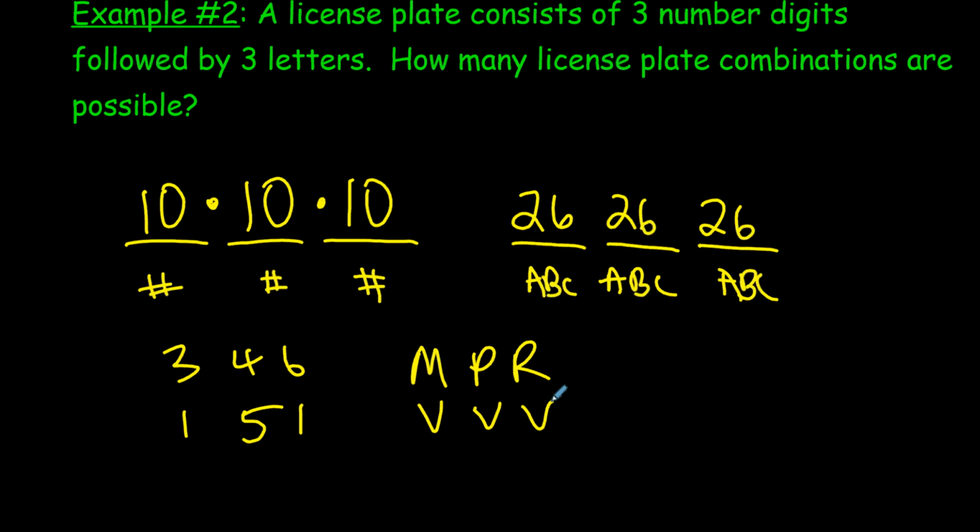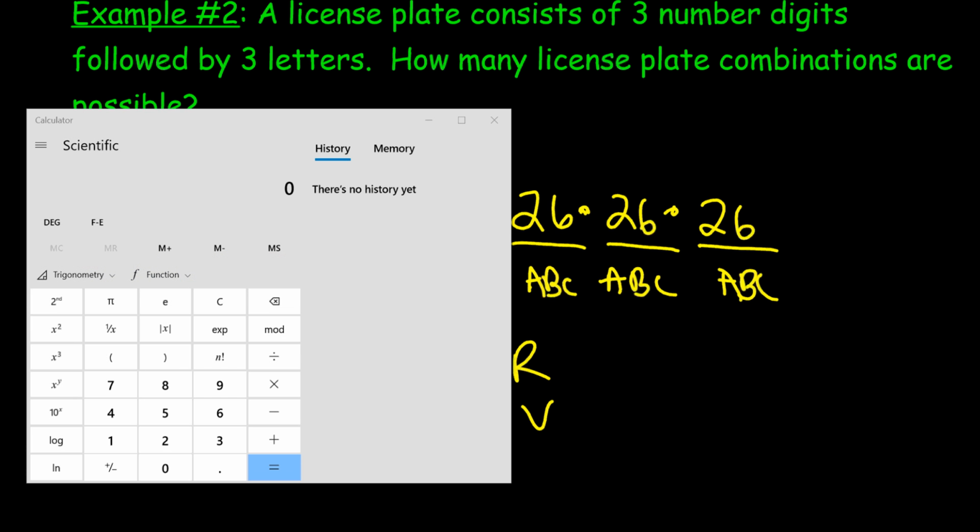Those are two different license plates possible. We're not going to list out the whole sample space because the answer to this is 10 times 10 times 10 times 26 times 26 times 26. That's a lot. I'll pause it here and pull up a calculator. Okay, so there's my calculator.